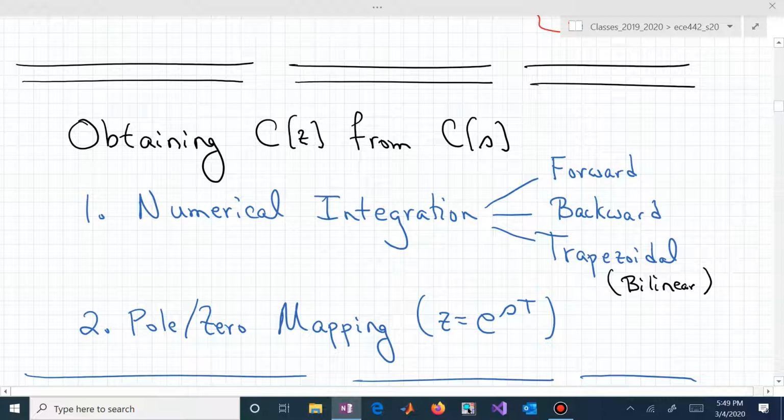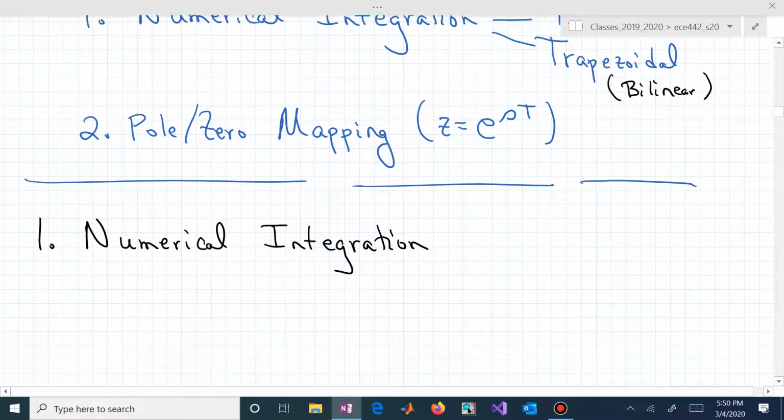At the very end, and we have already talked a little bit about this, is the pole zero mapping or pole zero matching. And that's really just replacing all of our poles and zeros that are at s locations with factors corresponding to z equal to e to the sT, where T is the sample period and s are the respective poles and zeros.